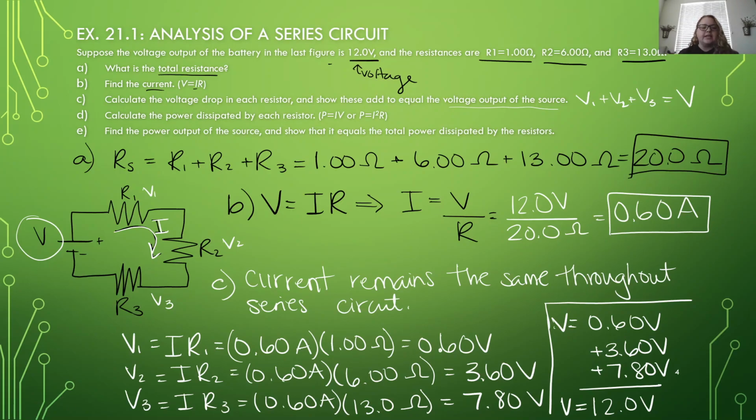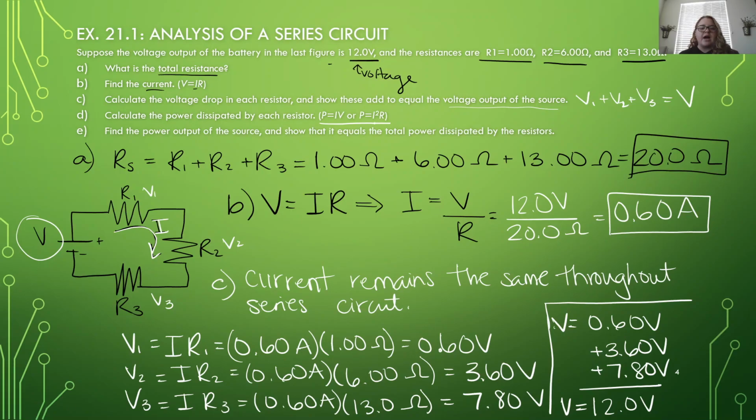All right, let's move on to part D. This asks to calculate the power dissipated by each resistor. So we can use a couple of different things. If you remember from the last lecture, power can be calculated in a few different ways. So we can use P equals IV, or we can use P is equal to I squared times R, whichever way you want to do it.